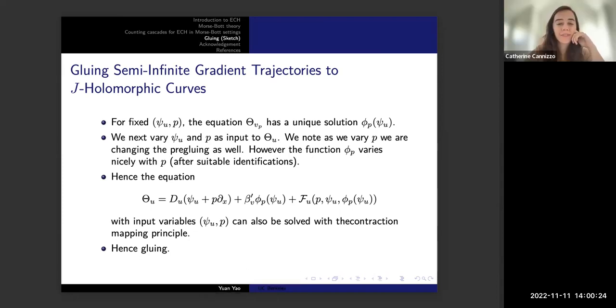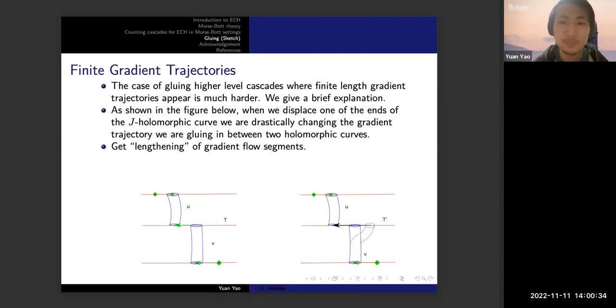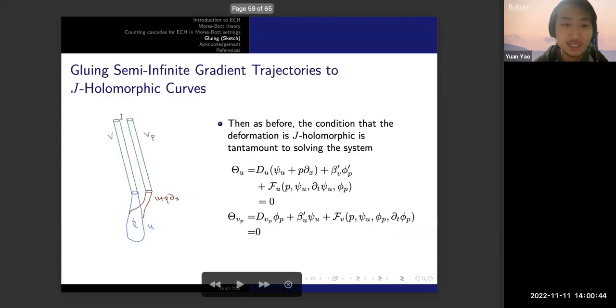Okay. So let me just briefly outline why. That's how you do it for one level cascades, but the story is quite a bit harder when you have finite flow gradient trajectories, because previously, as you will recall, as I varied P, the domain of VP didn't change.